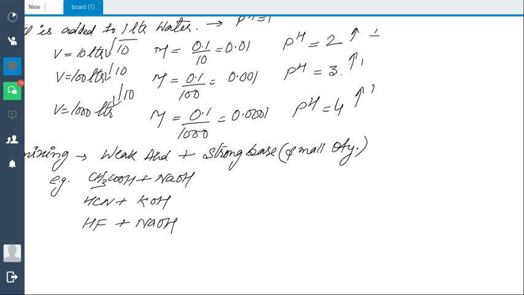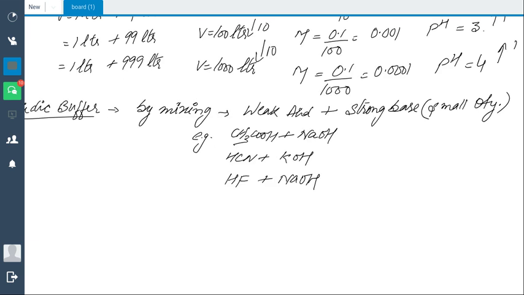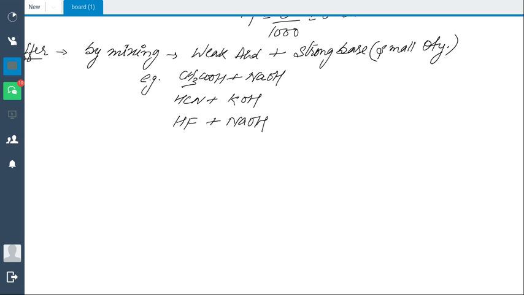There is one more way of looking at it. What is that way? Please pay attention over here. See, when these two combine, they will form this plus this. Now see, what is this?